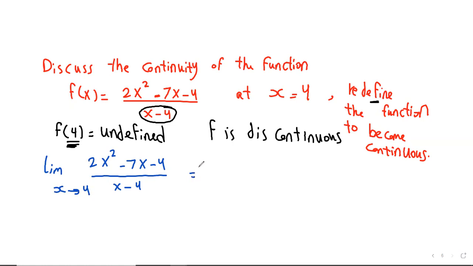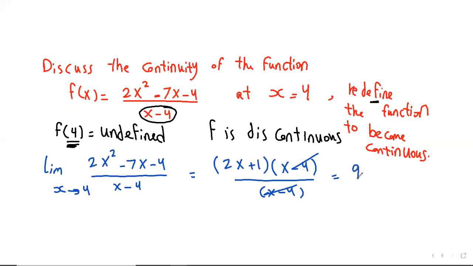You will factorize it. So when factorizing it, you will get 2x plus 1 multiplied by x minus 4 over x minus 4. Cancel them out, and put 4 instead of x in 2x plus 1. So 2 times 4 plus 1 is going to be 9. So the limit of f of x, if x tends to 4, equals 9.